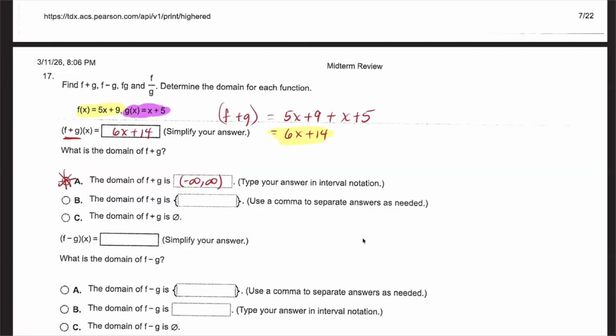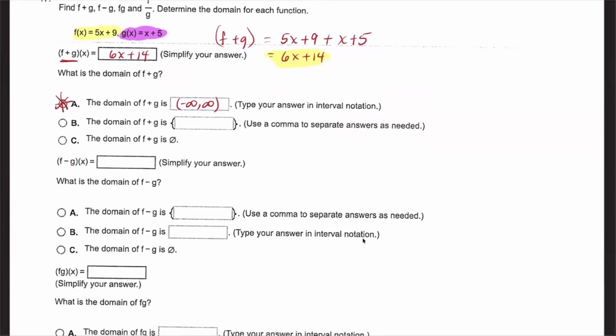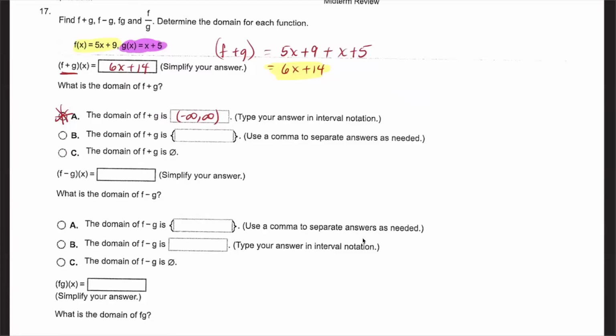All right. Then we're going to do f minus g. The only thing different with a subtraction problem is you have to remember that you're subtracting the entire second function. So you got to put it in parentheses.